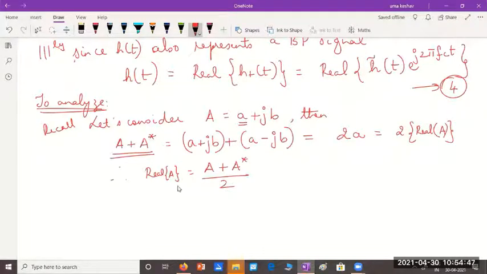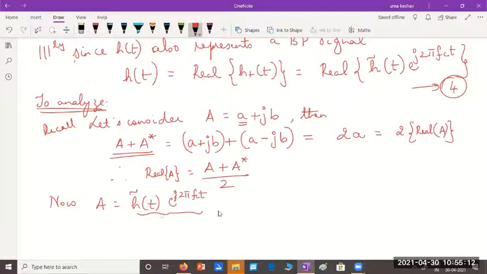So here we can consider A as the given signal h envelope of t into e power j2 pi fct. Can you find the complex conjugate and the real part?